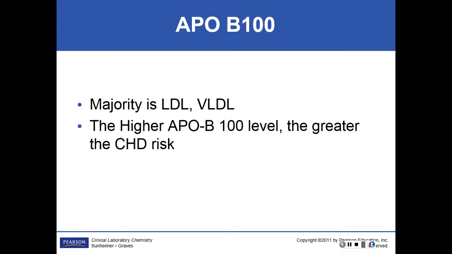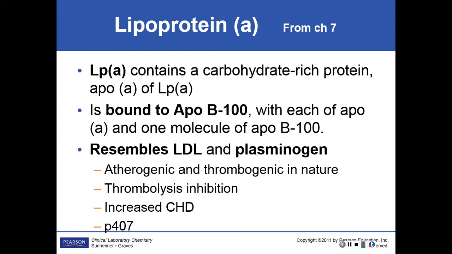And just as another refresher, going back to the lipids, the ApoB100 is used for risk assessment for congestive heart disease, and specifically our lipoprotein A that's bound to this ApoB100, that it acts as LDL and plasminogen.